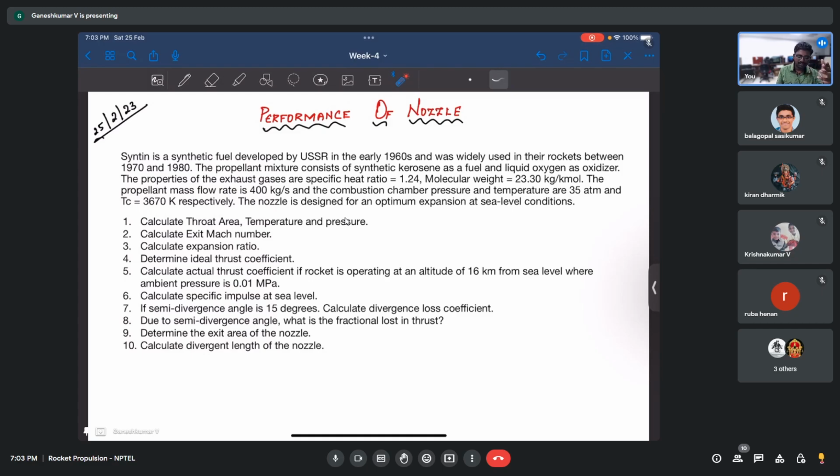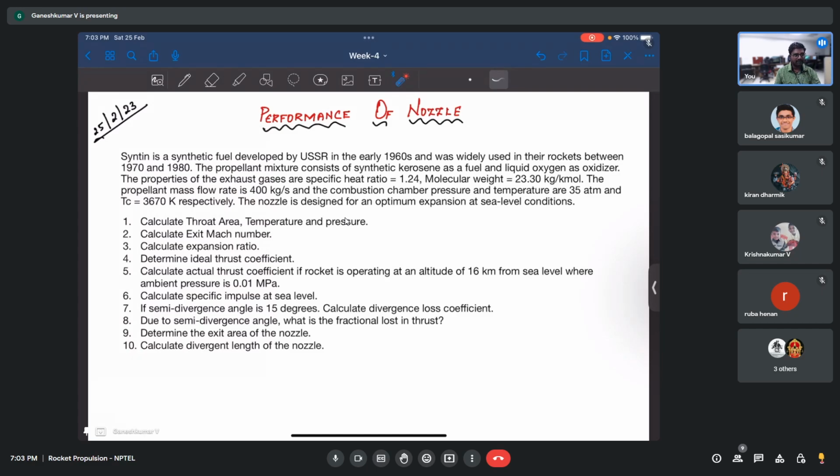In fact, we did most of it in the last discussion, but today we will look at a few more additional parameters which come into play, because this week we were looking at the performance of nozzles.